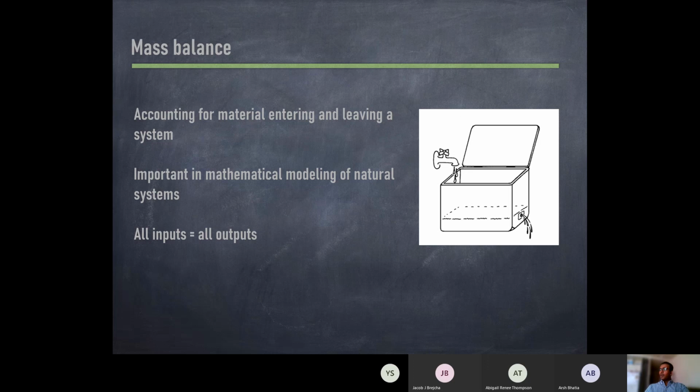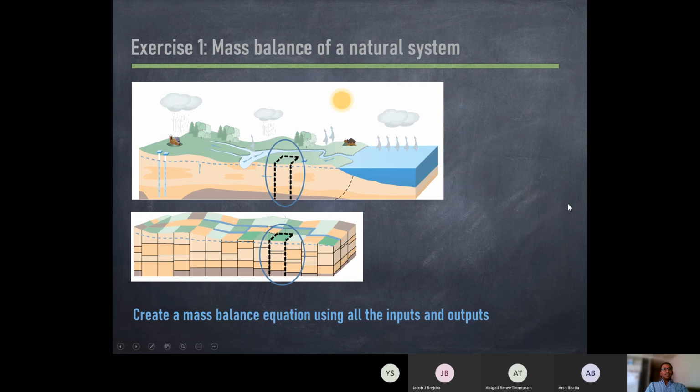Okay. So I know I didn't give you much background on your groundwater knowledge or basics, but I want to see what your basic knowledge is before giving you the brief about the groundwater system and some of the basics that I'm going to talk about later in this presentation. So in this exercise you're going to write down the mass balance of this natural system.